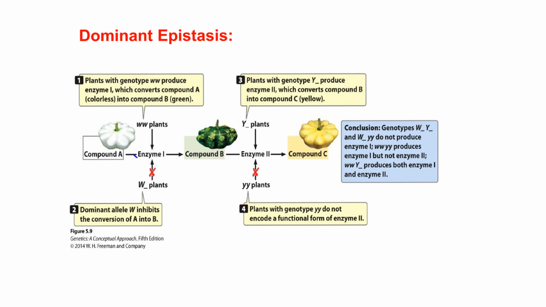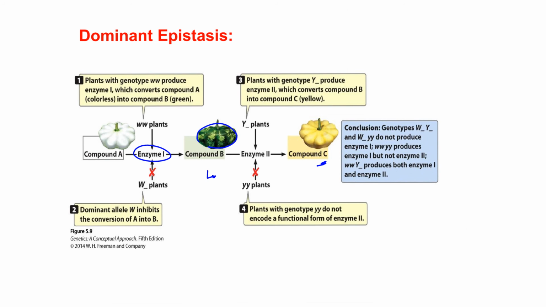Enzyme 1 converts compound A into compound B, and compound B already gives a green color. However, compound B is also an intermediate, which can be converted by enzyme 2 to compound C, which gives squash yellow color.